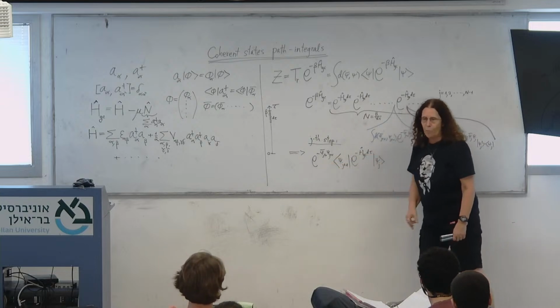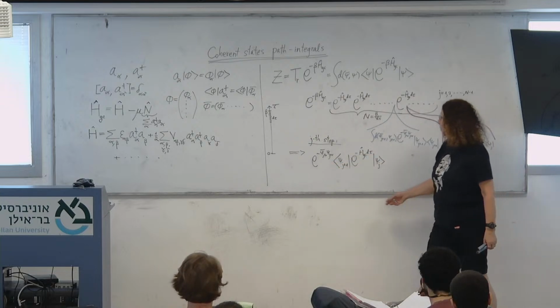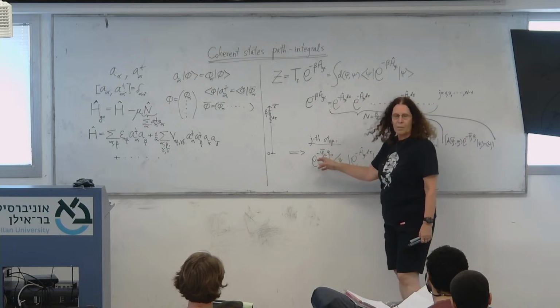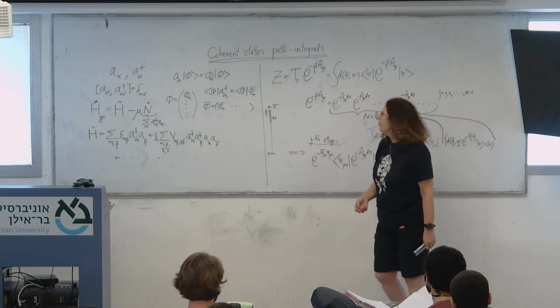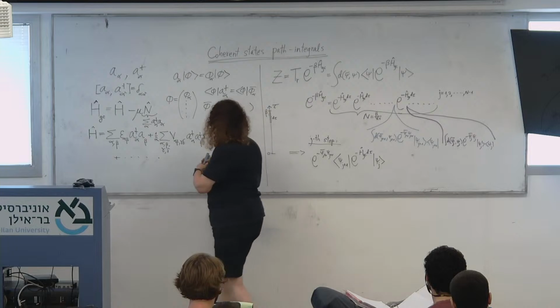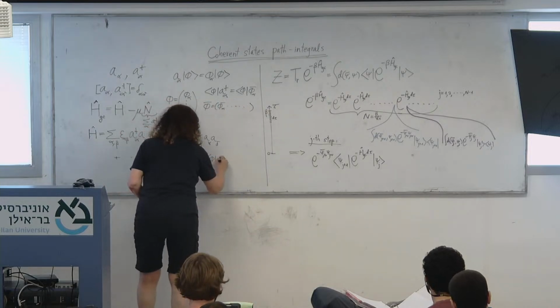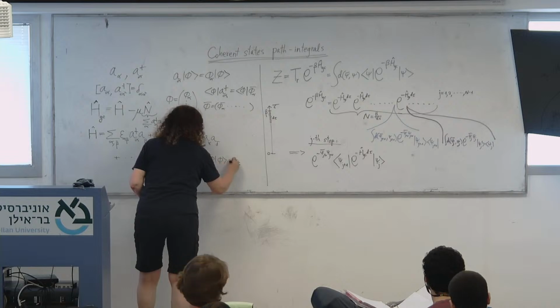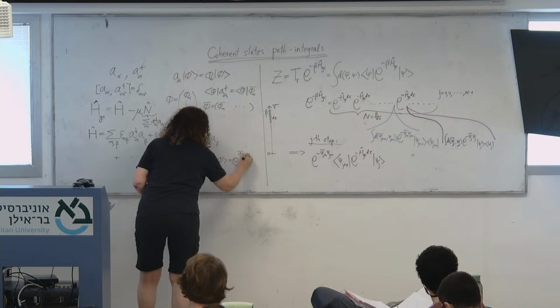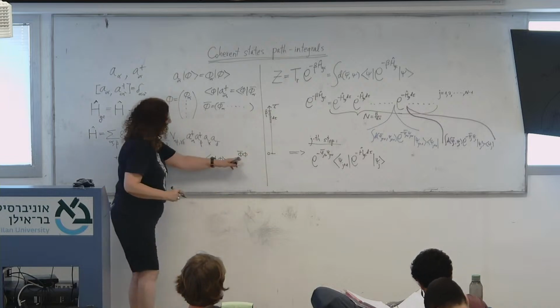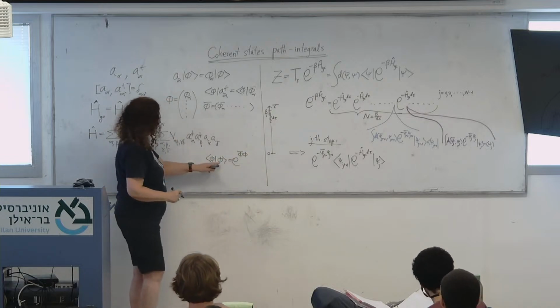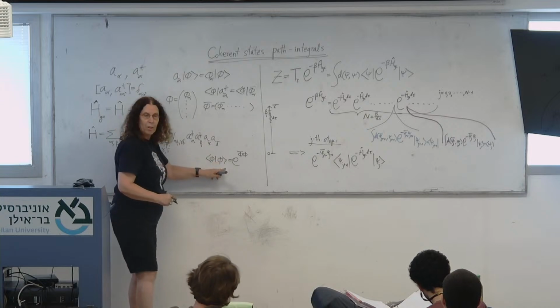It comes from the overlap of psi j plus 1 with itself. The basis of coherent states is an over-complete basis where the norm is bigger than 1.